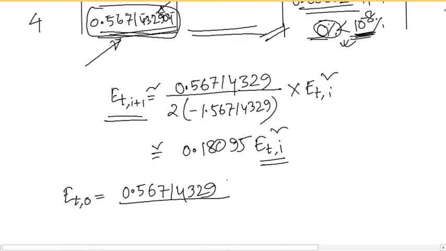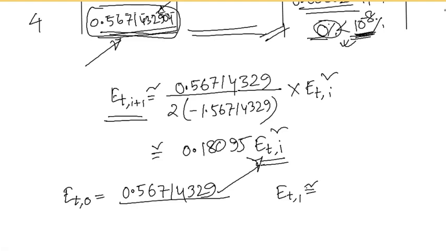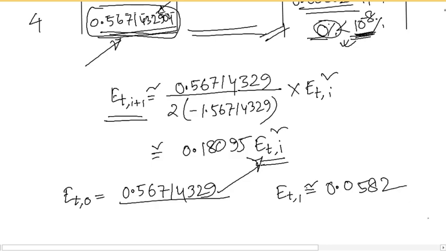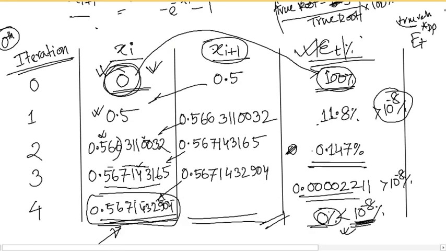So if you put the value here, you will get E_t1 approximately equal to 0.0582.